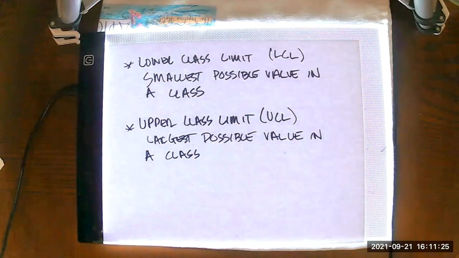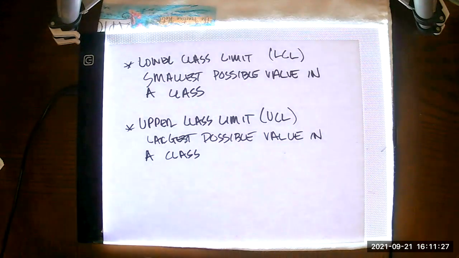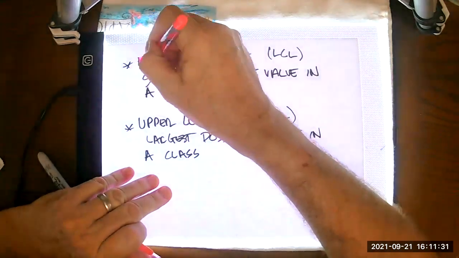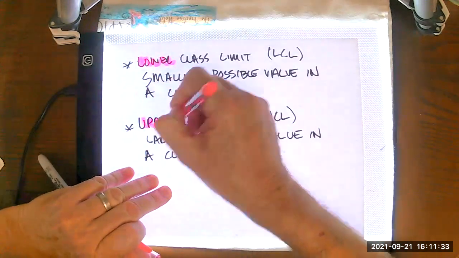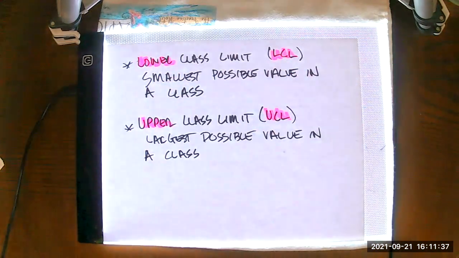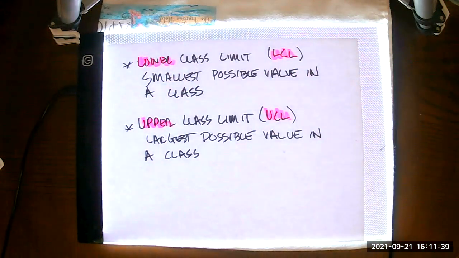So again, there's no guarantee that one of those values is in that class, but the lower class limit and the upper class limit, LCL and UCL, are the first of the vocabulary terms we use to define the bits and pieces of our frequency distribution.